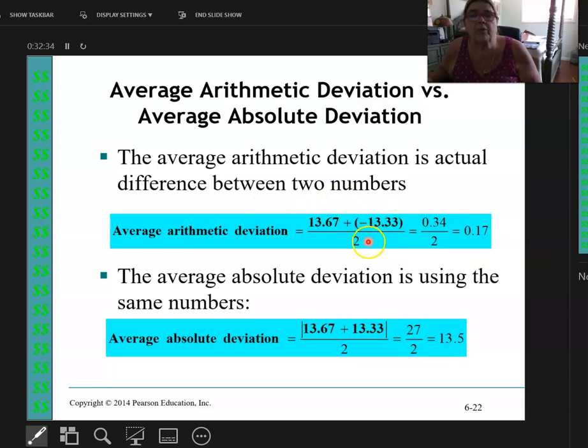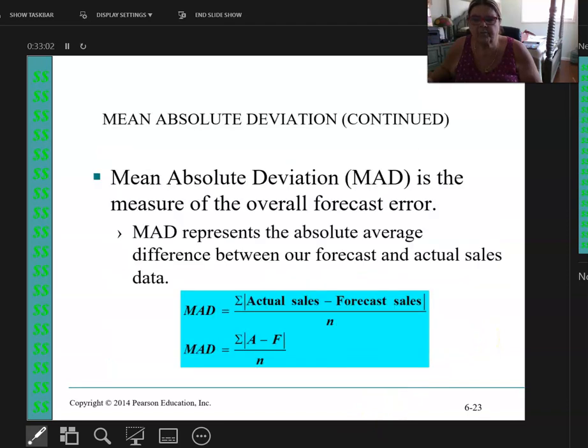If I were using 3, I would divide by 3. So 0.17 is the average arithmetic deviation, but if I'm going to do the average absolute, it's plus this plus that, add together, divide by 2, then I'm going to get 13.5. Okay? So this is what we're going to be looking at, the average absolute deviation.